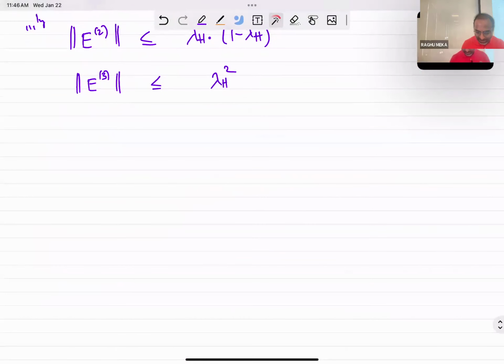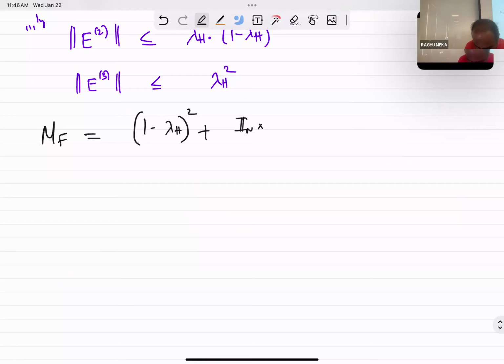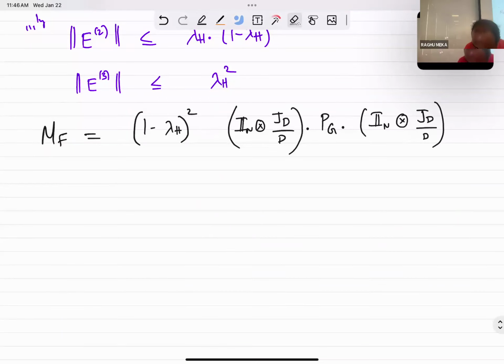So if you put all of these things together, what happened? We know that MF is equal to this leading term, and then we had the error terms E1, E2, plus E3.